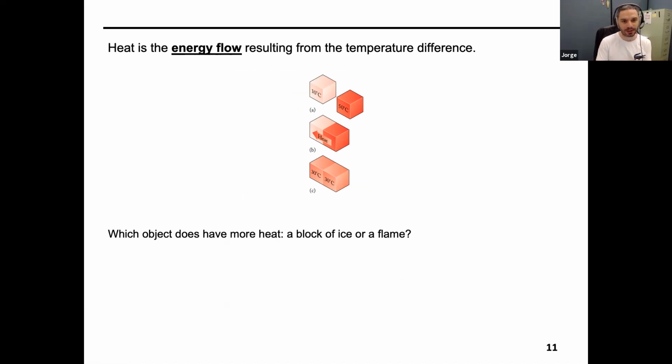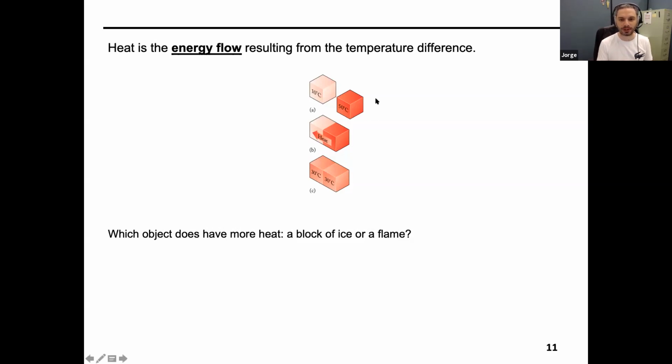And basically energy is going to be a result of how fast the molecules are moving. However, heat by definition is the energy flow resulting from the temperature difference, okay? So heat must involve energy flow.